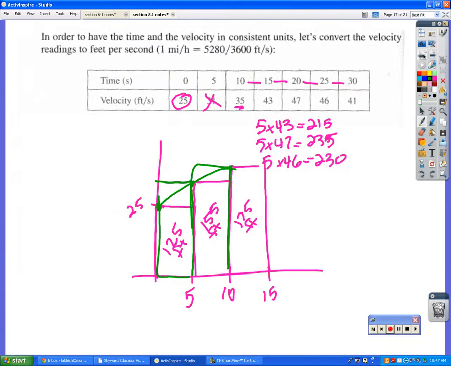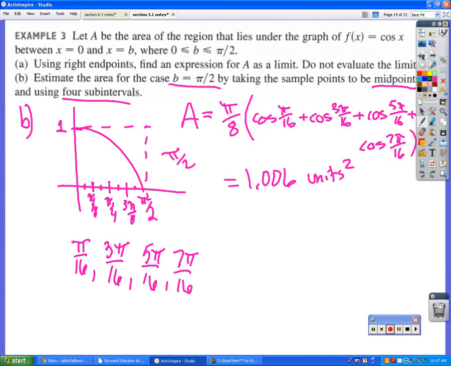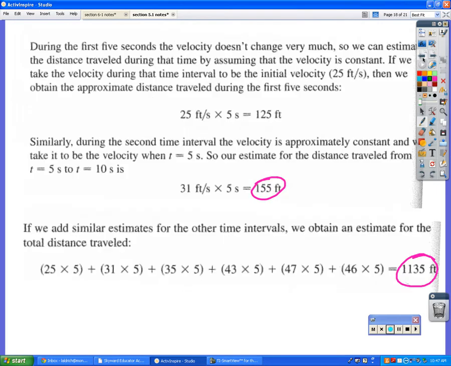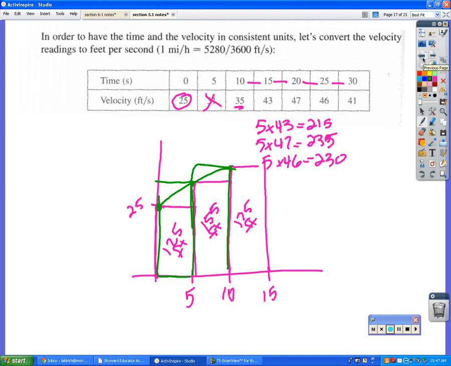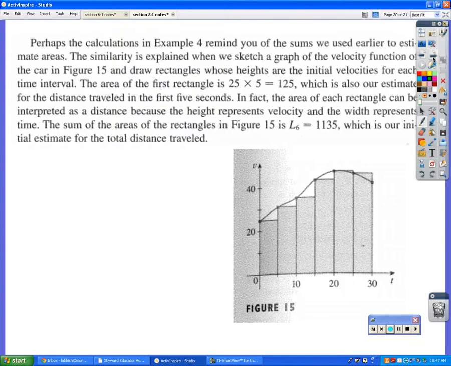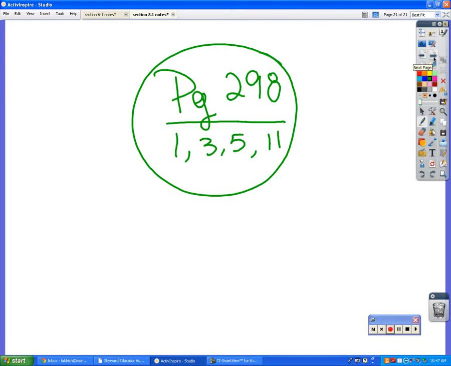That would be something like what we started the class with right here. In fact, this is one of the equations that they give you, but they want you to use the right-hand rectangles instead. And then the last one is a problem real similar to this, where you are given some velocity data, and you need to use that to figure out the distance traveled.